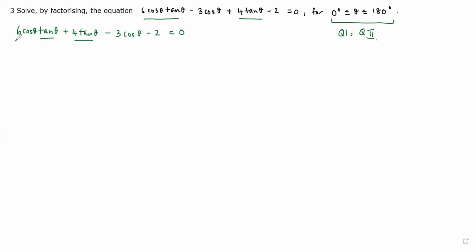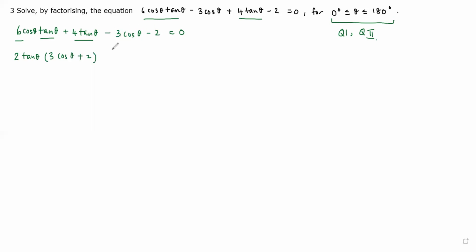Since we have tangent theta, and we can also factor out the 2, we have 2 tangent theta, and from here we have 3 cos theta plus 2. Now you will notice 3 cos theta and 2.